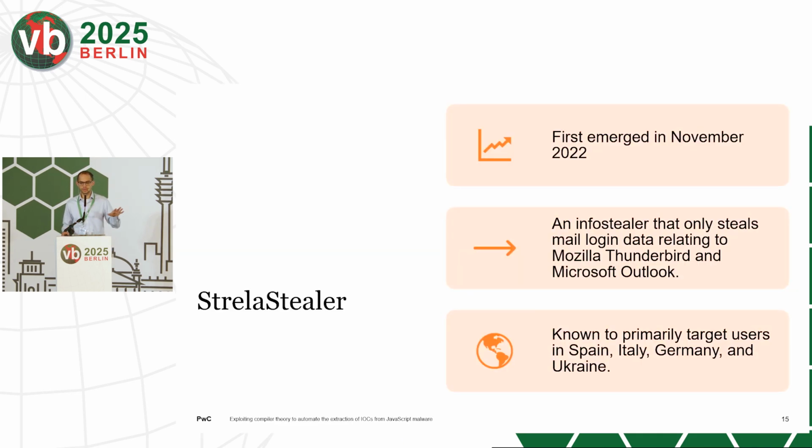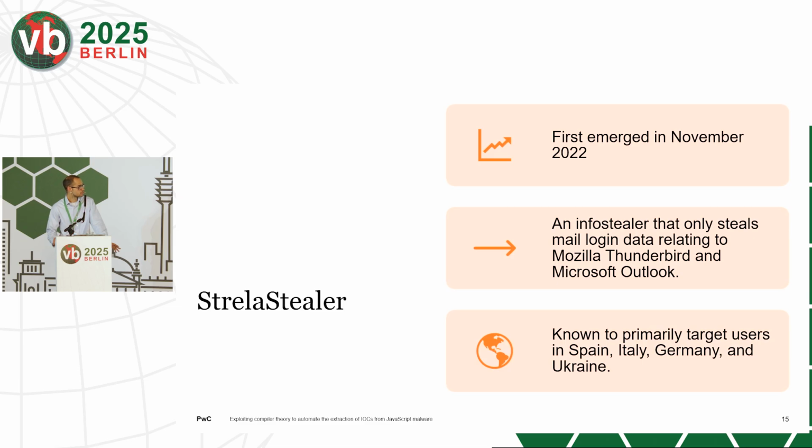So I'll just provide a quick introduction to StrelaStealer itself prior to continuing with the main content of this talk. It was first reported on in November of 2022 by DCSO SciTech. And it's an info stealer, but unlike your average info stealer, it targets only two applications, Outlook and Thunderbird.